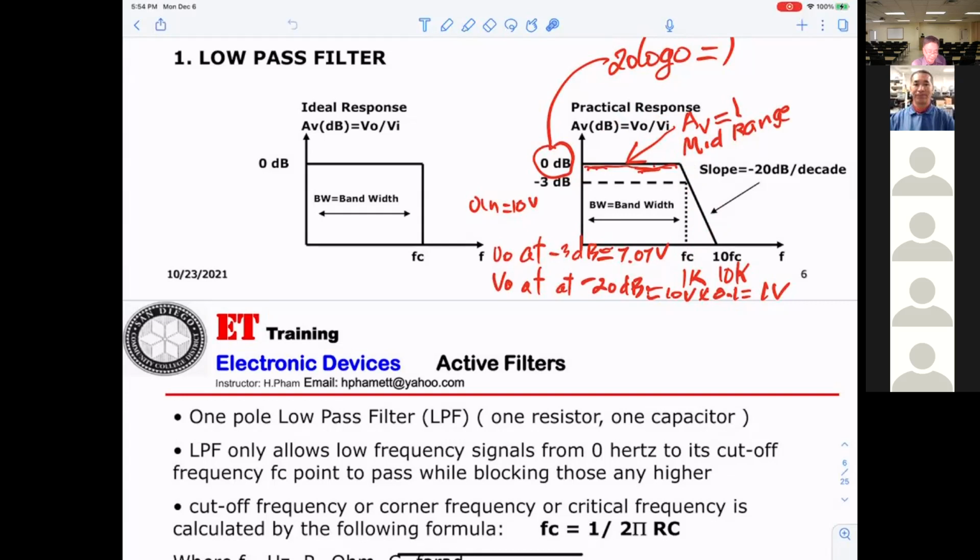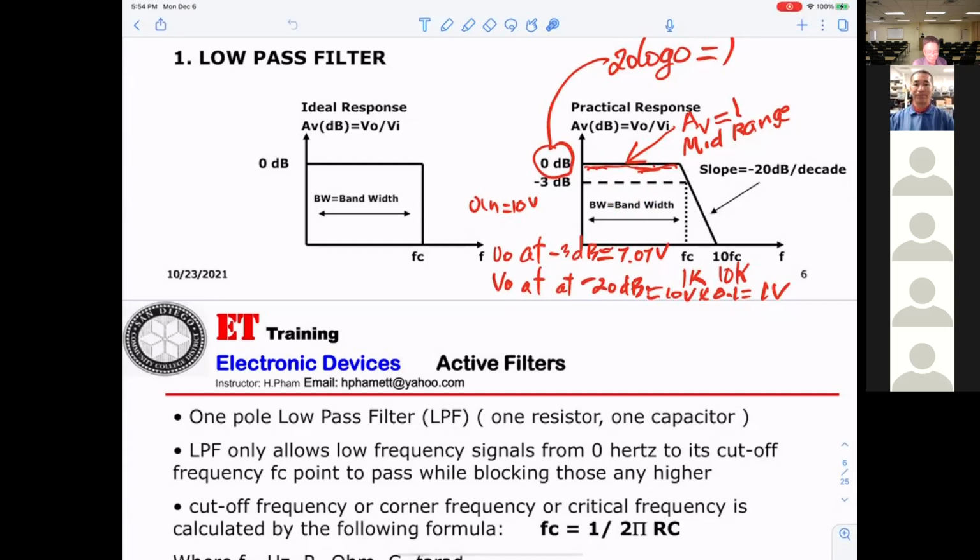So basically, when you're looking at the low-pass filter here, this is what we call the mid-range. What that means is any point on this frequency, Vin and Vout will be the same. If you get 10 volt coming in, you get 10 volt coming out. No loss.